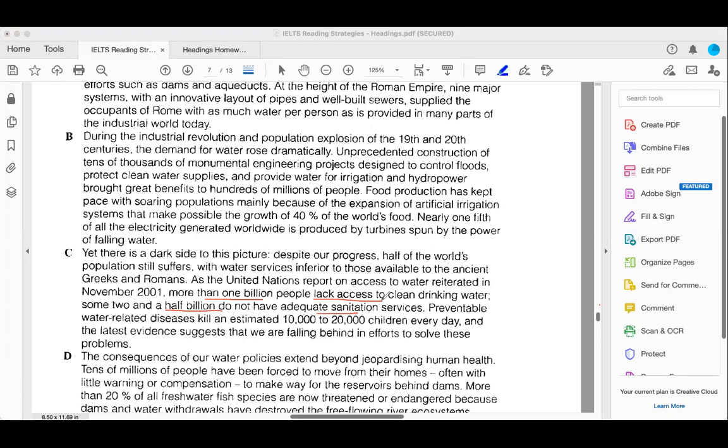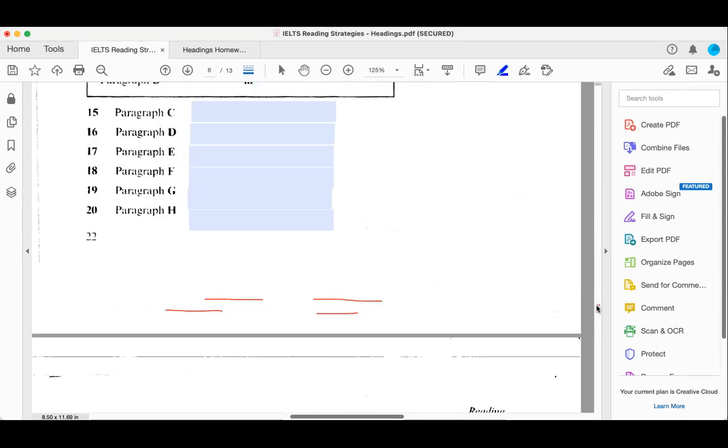So people suffer because they don't have sanitation services and clean drinking water, right? Yes. Do you know the meaning of sanitation? They don't have a good system for cleaning water.